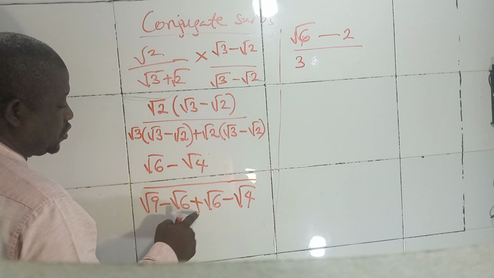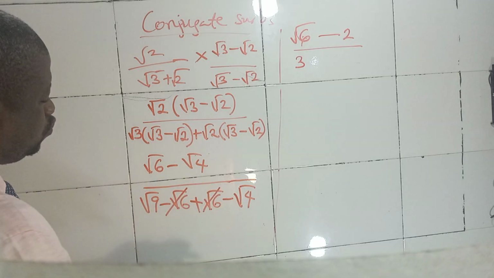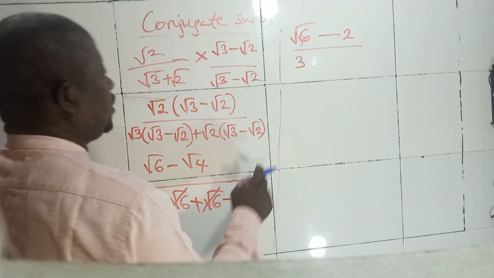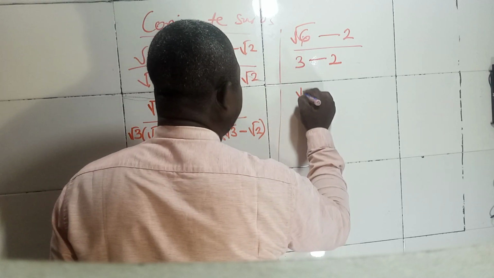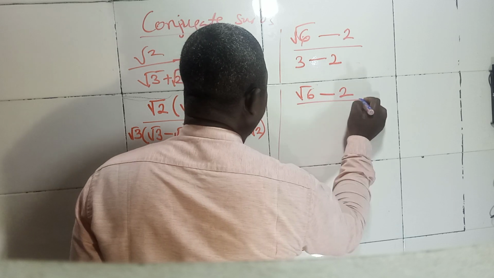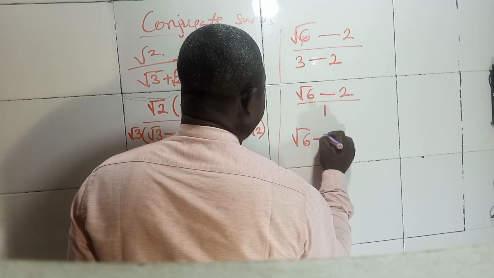This is minus root 6 plus root 6, so this and this we cancel out. So we'll now be left with minus root 4. What is the square root of 4? That is 2. That's 3 minus 2. So it will now be root 6 minus 2 all over 3 minus 2, which is 1. So the answer is root 6 minus 2.